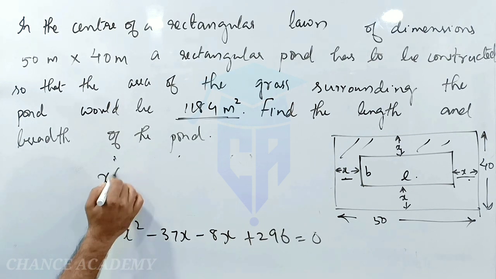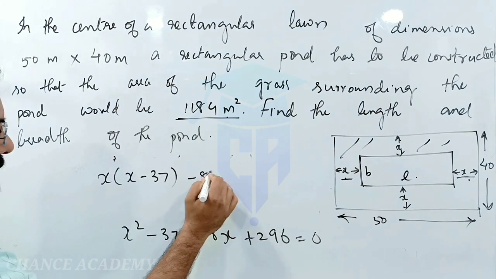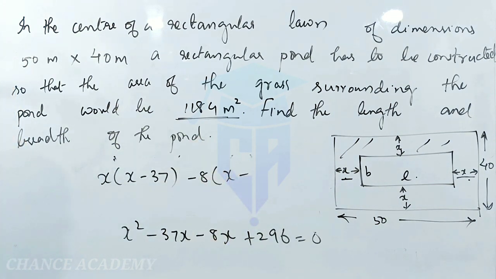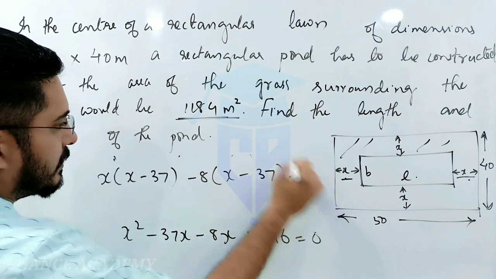Taking x outside, this will be x minus 37. Here I must take minus 8 outside, so that will be minus 8 into x minus 37 is equal to 0.